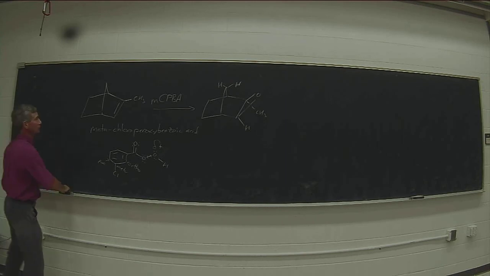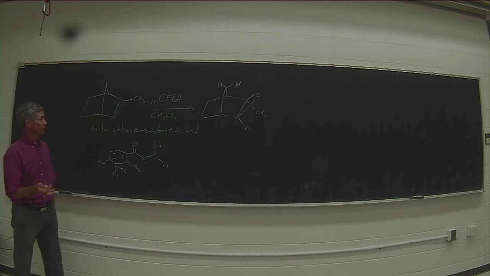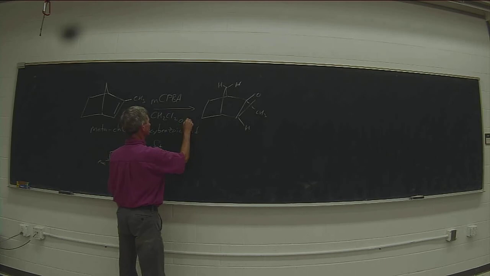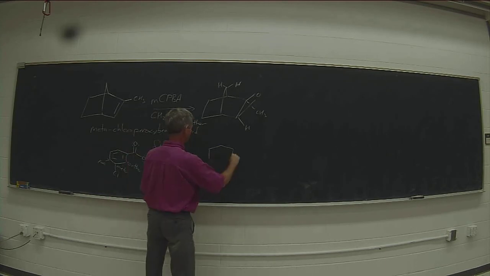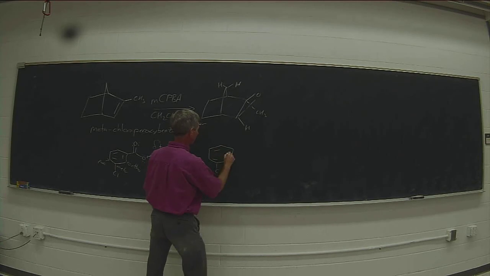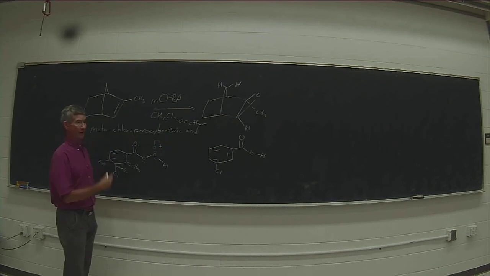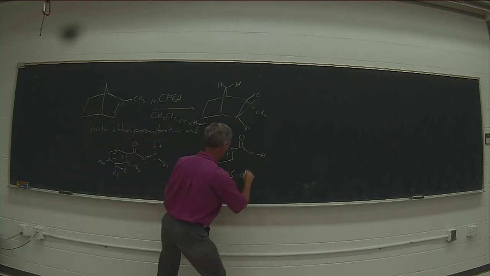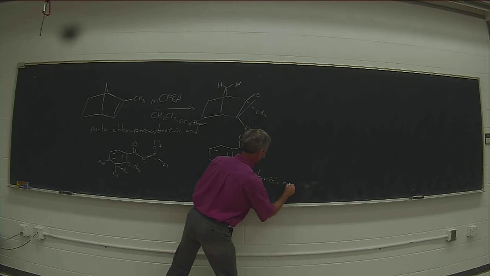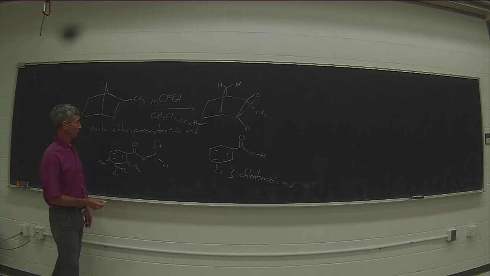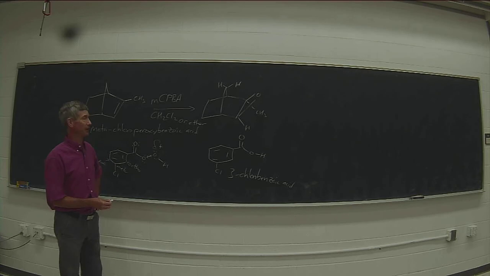Solvent for this reaction is usually dichloromethane, but sometimes it's ether. And when you use ether, it exploits the fact that the other product, which is meta-chlorobenzoic acid, or 3-chlorobenzoic acid, is significantly less soluble in ether than is the peroxy acid, which means that it precipitates out and facilitates purification.